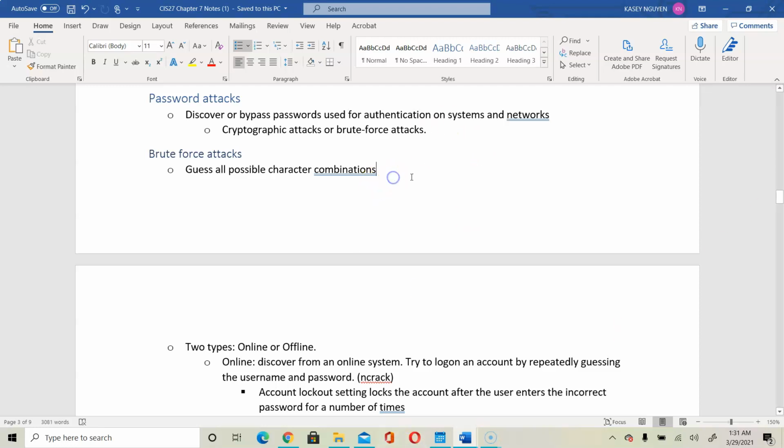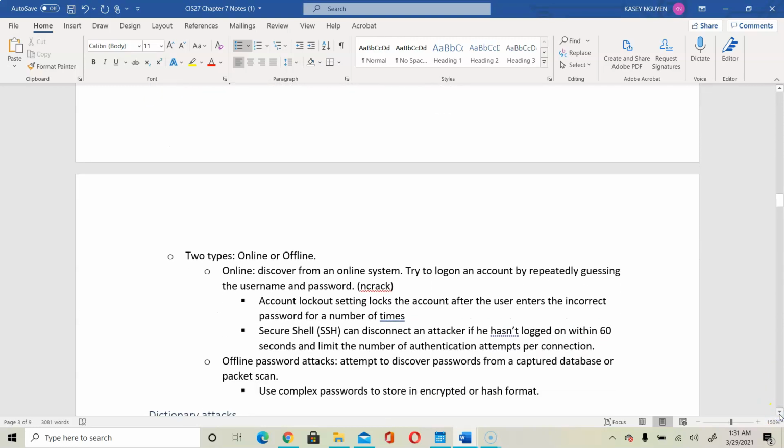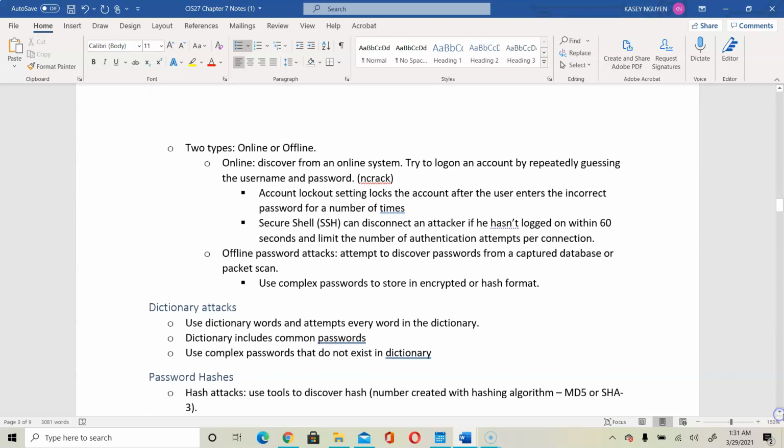So in the brute force attack, it's going to try to guess all possible character combinations for the password. There are two types of brute force. One is online, the other is offline.